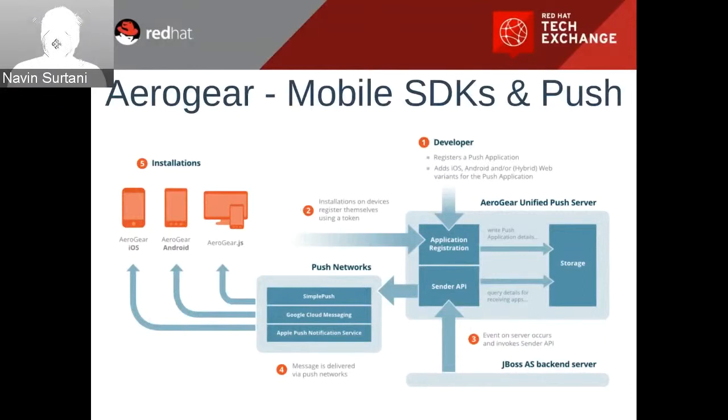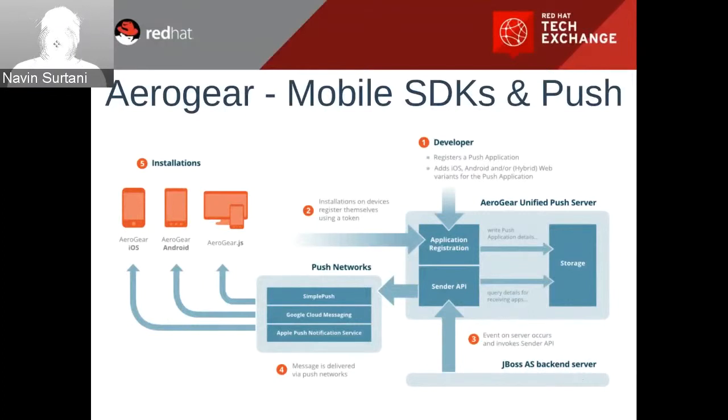So over here we have the unified push server. That's running up on OpenShift. And then the JBoss AS backend server can be running elsewhere, on some bare metal or up on OpenShift as well. I have this running on my machine at the minute.